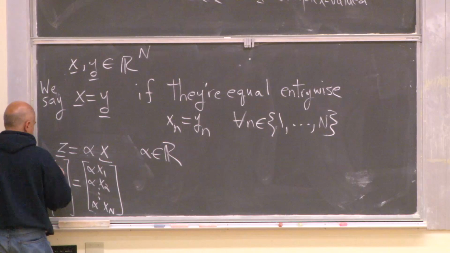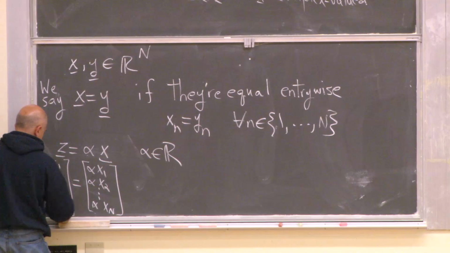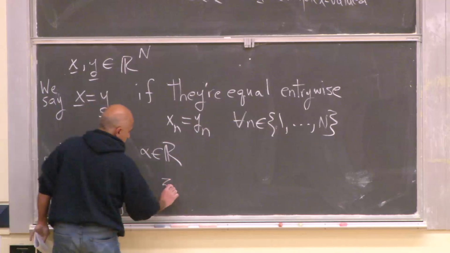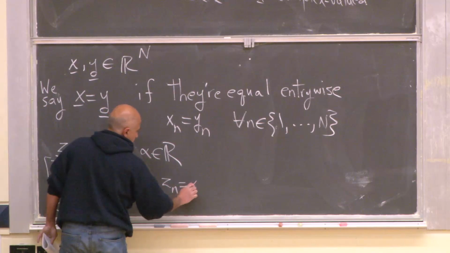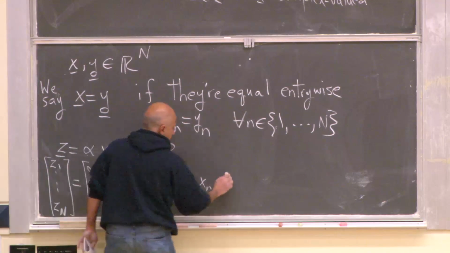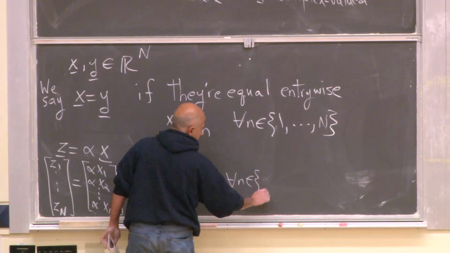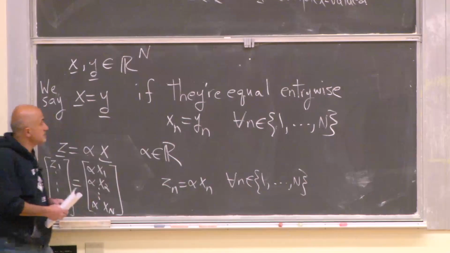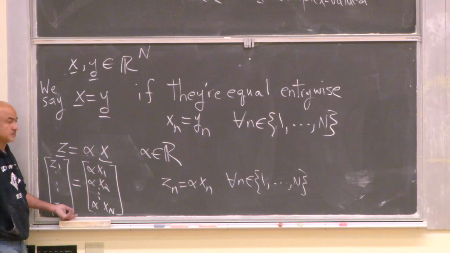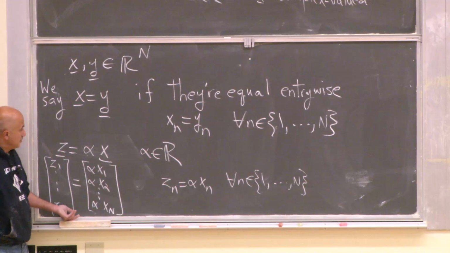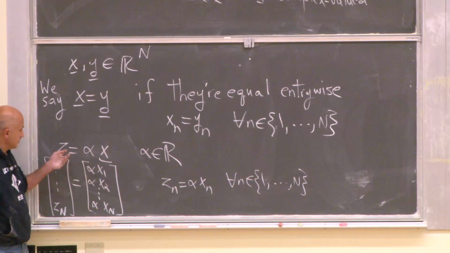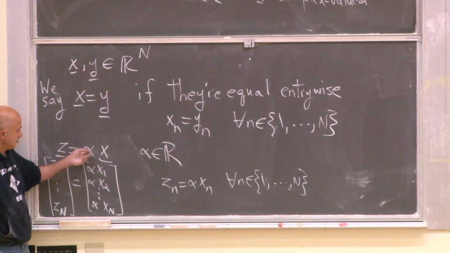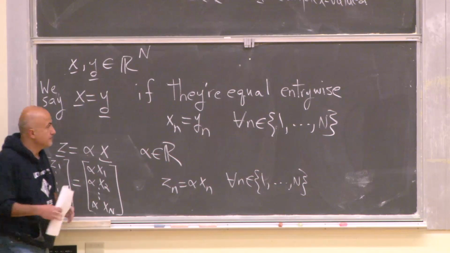So if I were to write z1 through zn, then z small n is alpha xn for every n. I mean, these are common sense definitions. There's nothing fancy that I'm saying, really. So to scale a vector by a constant, you scale every entry.